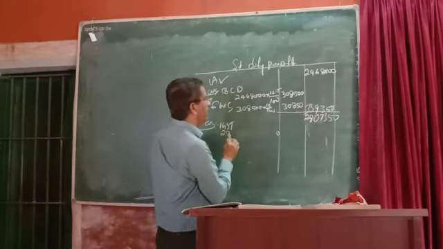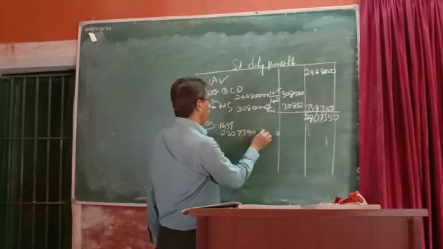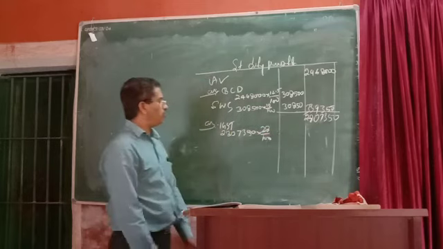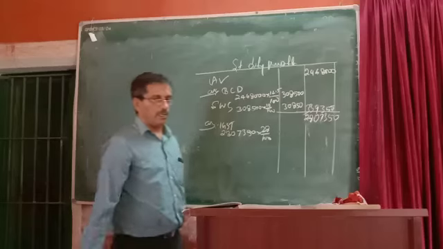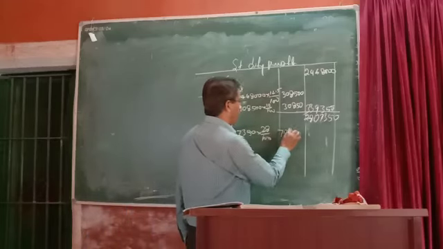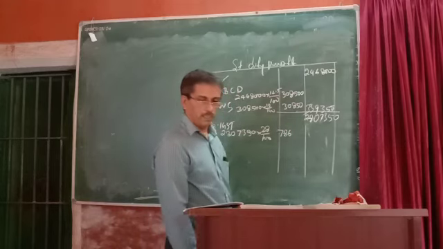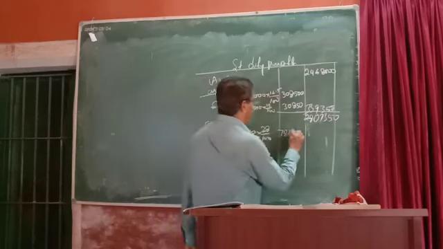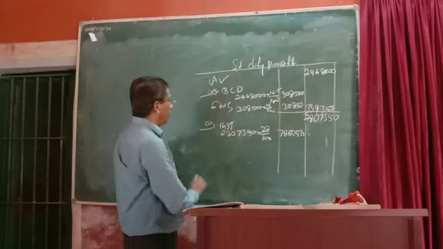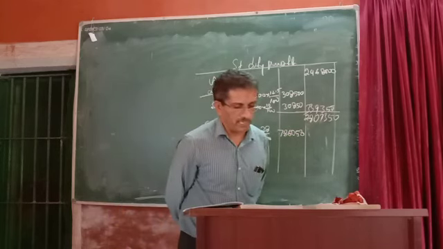Total should be 28,07,350. Into 28% should be 7,86,058.